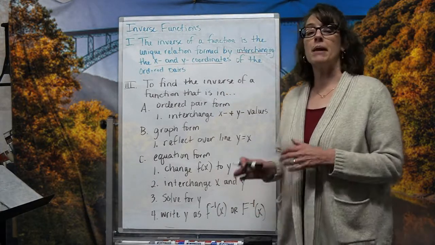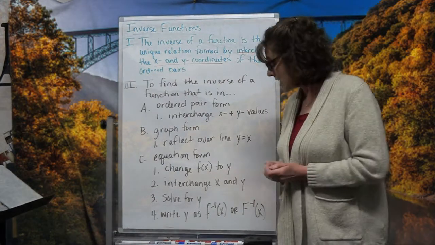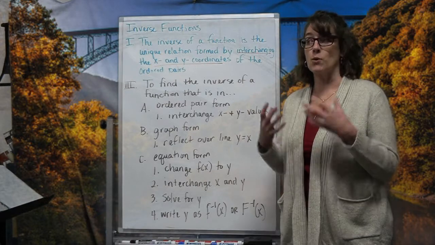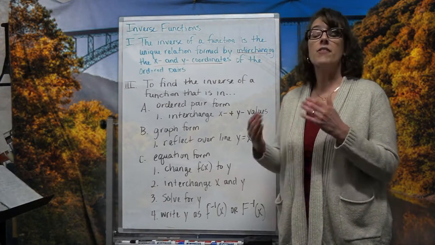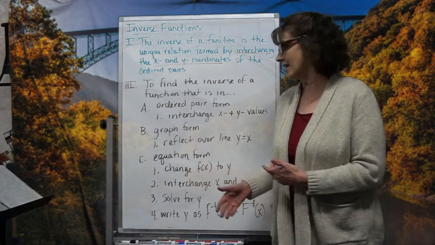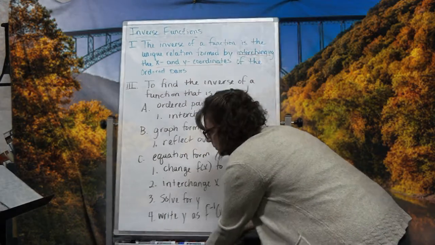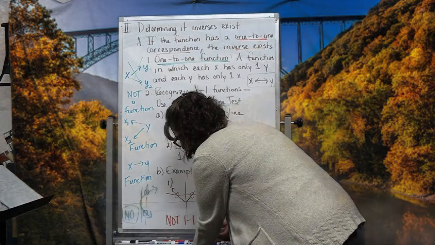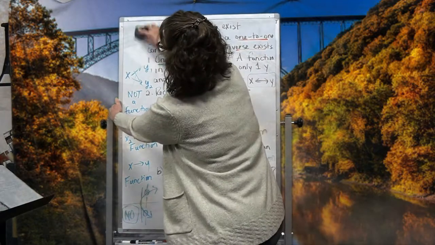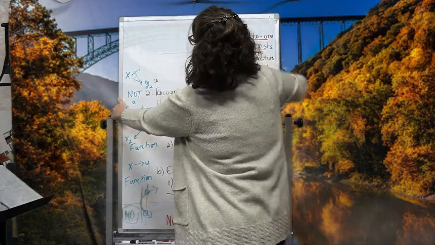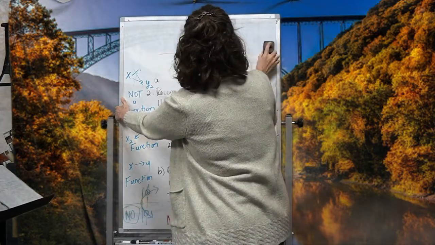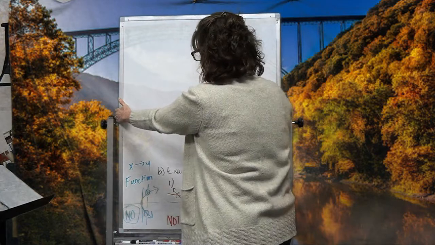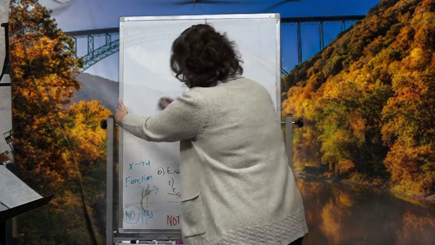But either way, I'm replacing the y with that function notation, being very careful to put that inverse notation in there to remind me, oh, this isn't the original equation, this is my new one, the inverse that I created. So let's take a look at some examples, and I've got 3 here where we are going to take the original equation and create the inverse equation. And then once we get through these examples, we're going to verify that these truly are inverses of each other.